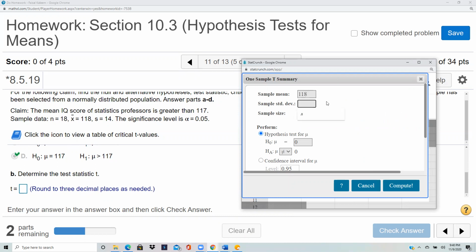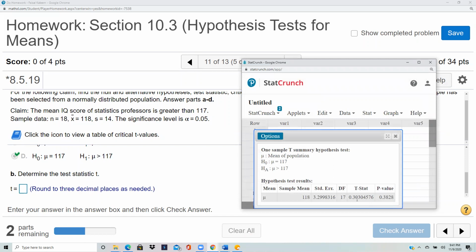Standard deviation is 14. Size is 18. And we test equals to 117 and greater than 117. The test statistic is 0.303.